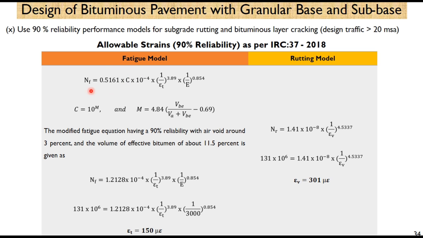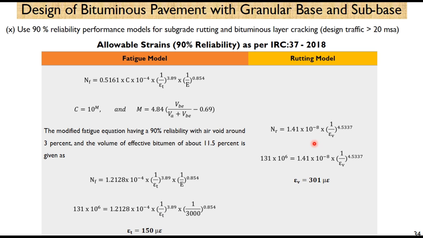Now this equation is modified with this equation, and if you put value of E as 3000 and NF as 131 MSA, that is our design traffic, you can calculate the allowable strain epsilon T, 150 micron.